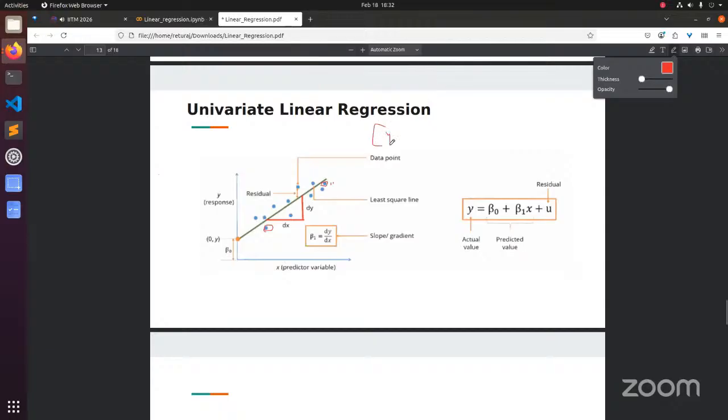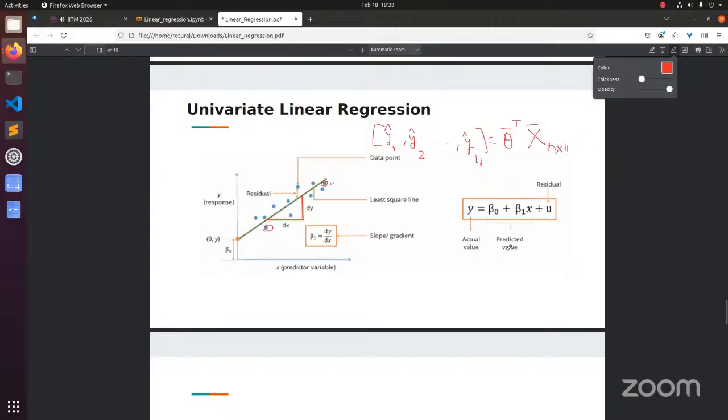We have y1 prediction, y2 prediction, up to y11 prediction, and we can write it as theta transpose into capital X, and this capital X is n cross 11.